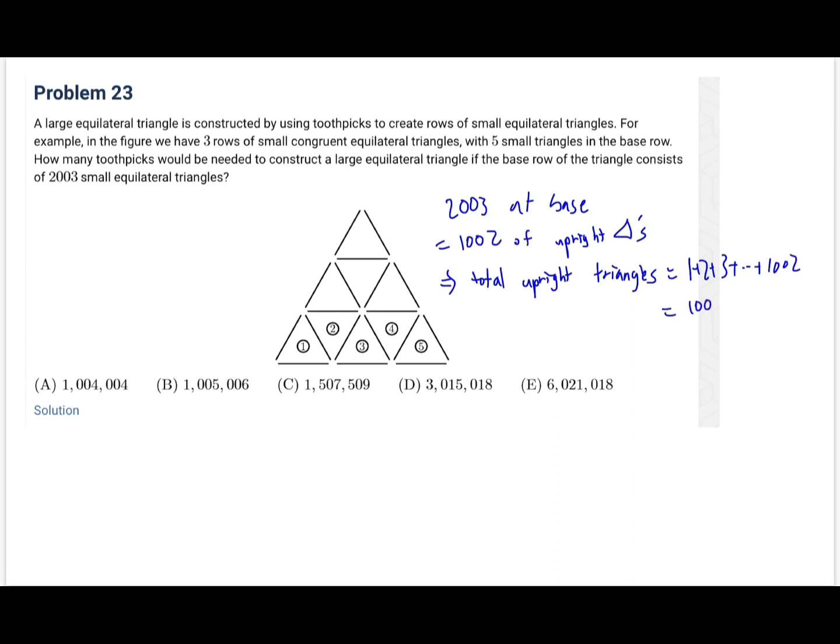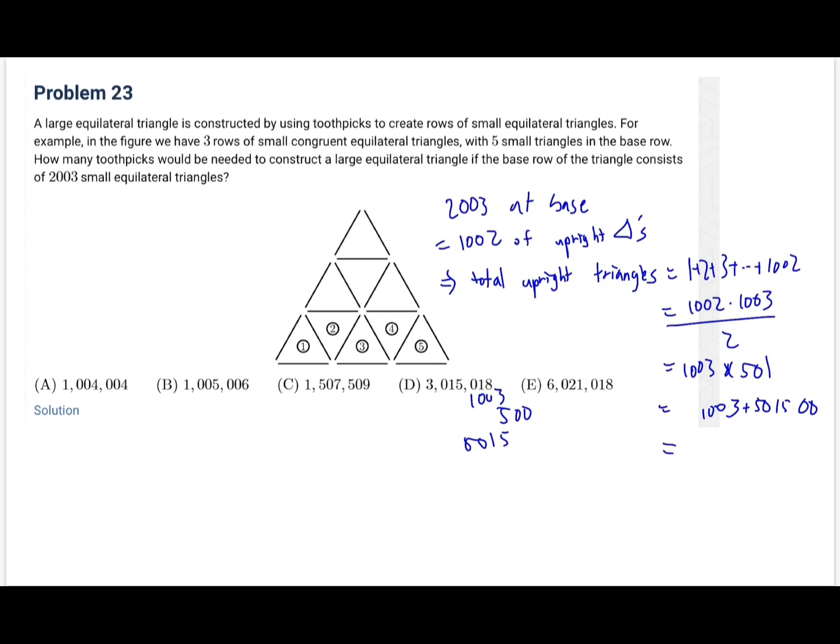This is 1002 times 1003 over 2. This is 1003 times 501. So this is 1003 times 500, which is 501500, plus 501500.